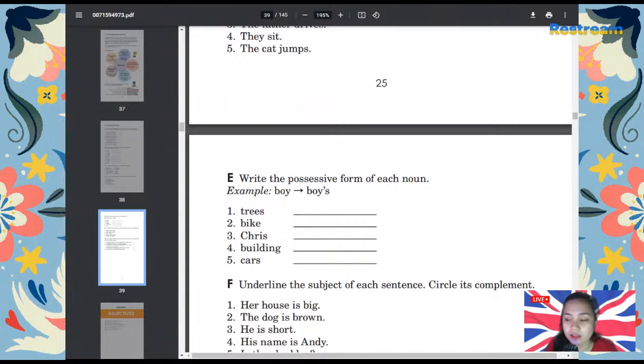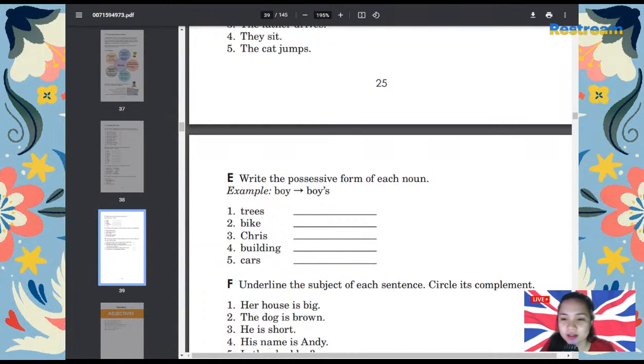Remember, any kind of noun that ends with the letter S, we just put an apostrophe only. Because remember, one of the rules in the possessive form is that we can add an apostrophe with or without the letter S. I hope it is clear.